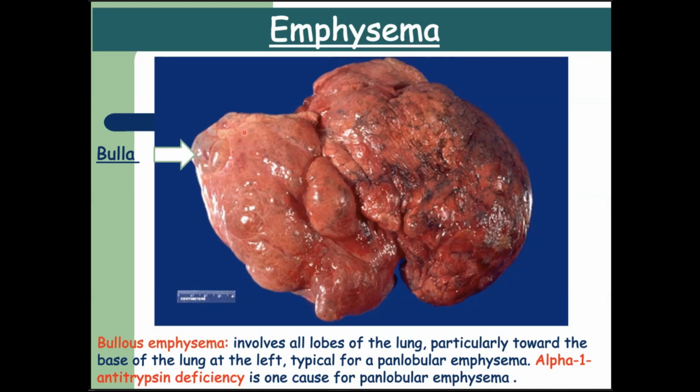So when there's overactivity of elastase enzyme, there's destruction of the wall of the alveoli and you develop emphysema. Emphysema develops because there's deficiency of this substance, which decreases the activity of elastase. When elastase becomes active, it destroys the alveolar wall.